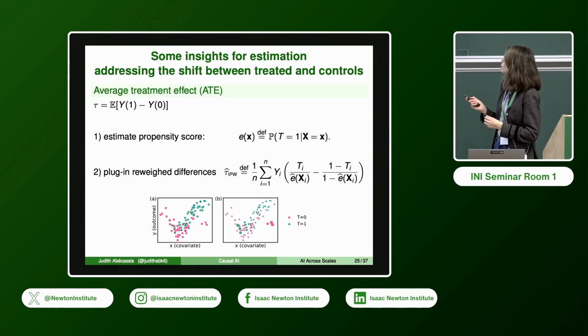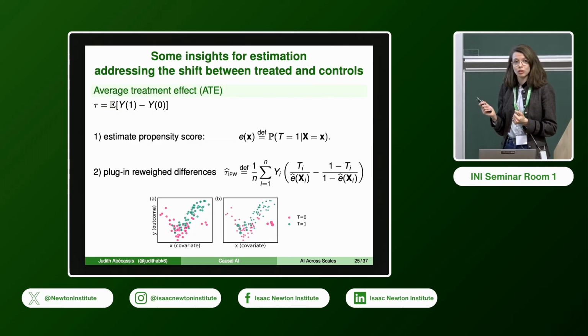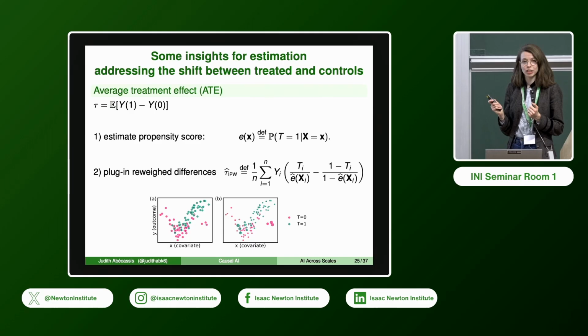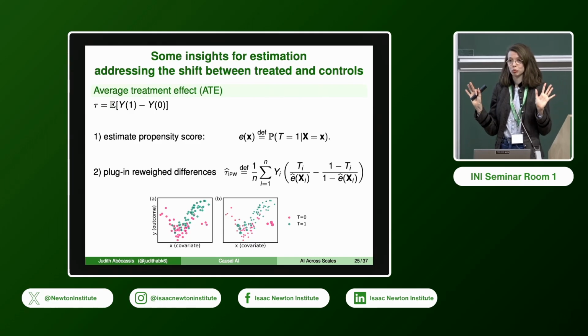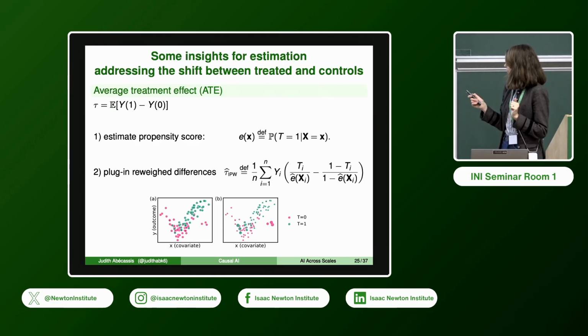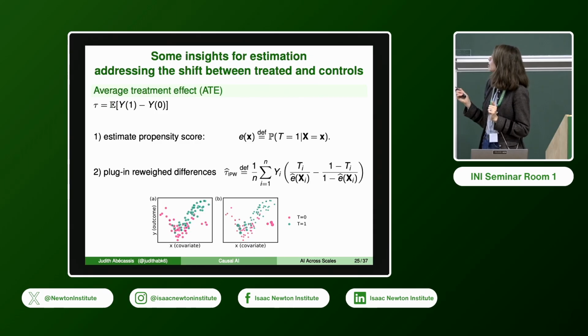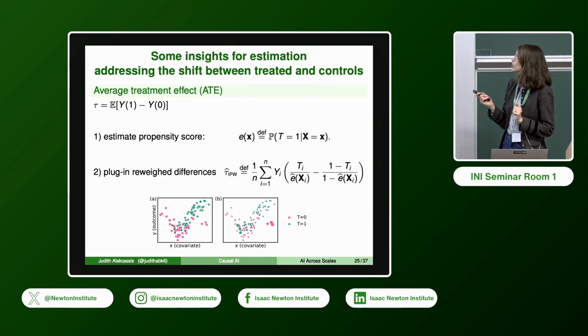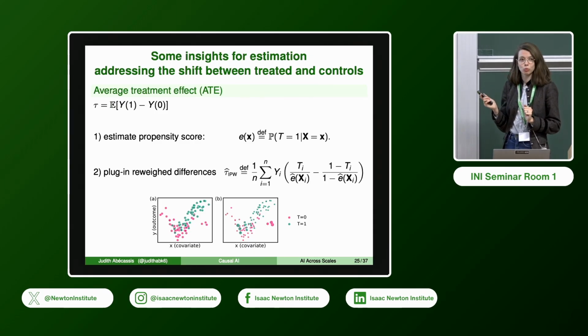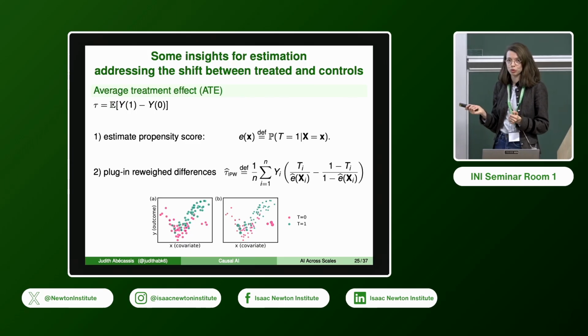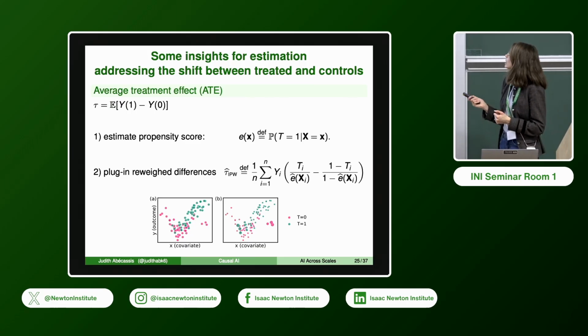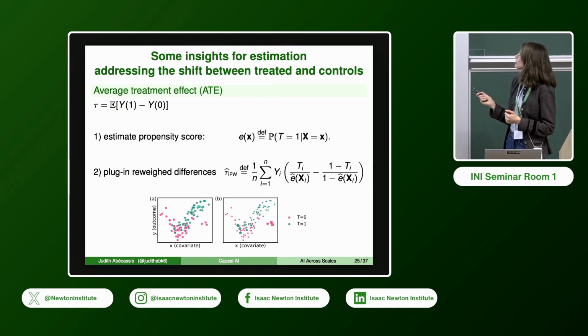So one way to do it is to reweight the units in your two populations to make the distributions of your covariates match. One easy way to do it is to adjust with the inverse of your propensity score, the propensity score being the probability to receive the treatment based on the covariates. So you want to estimate the probability to get the treatment depending on the covariate values.